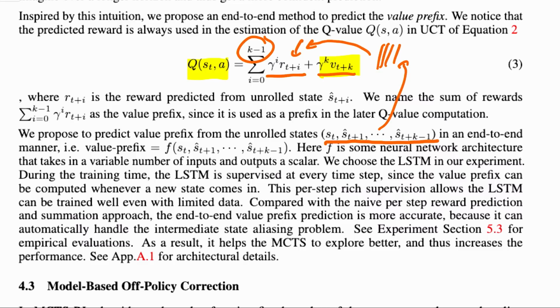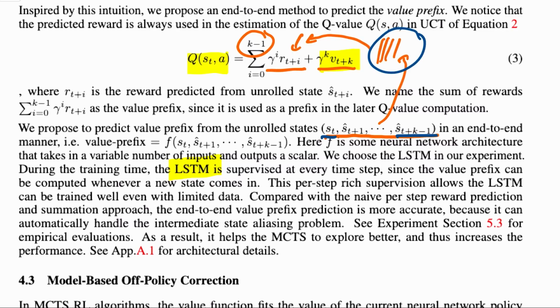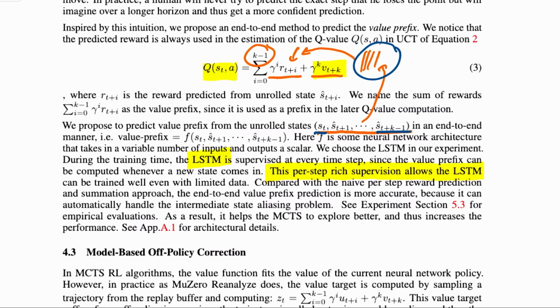This neural network right here, it will look sort of back. It will look into the past from the current state to the end state that we rolled out in imagination. It'll predict the entire value. They use an LSTM for that because it can take in an arbitrary number of states. And the LSTM has per step rich supervision because we have a reward at each step. And therefore, they say that works quite well. So that's the second thing.